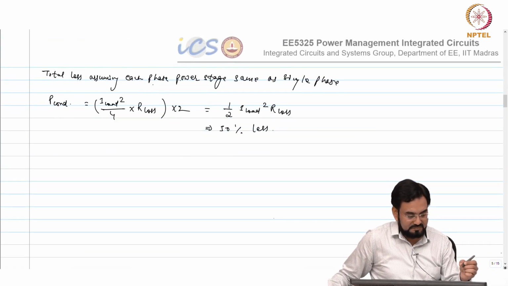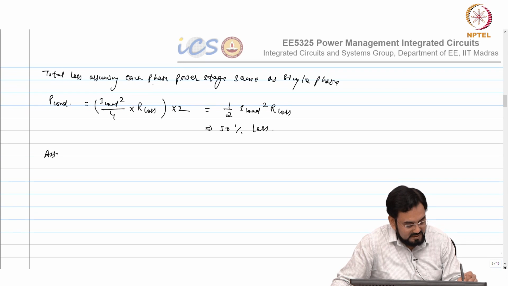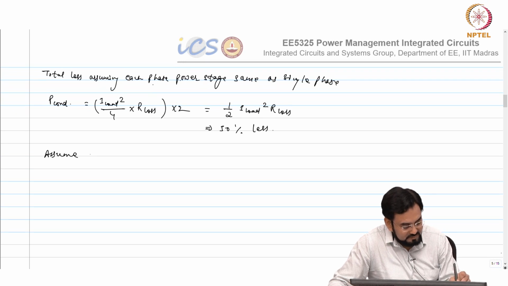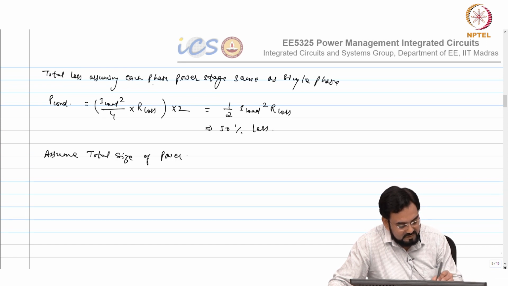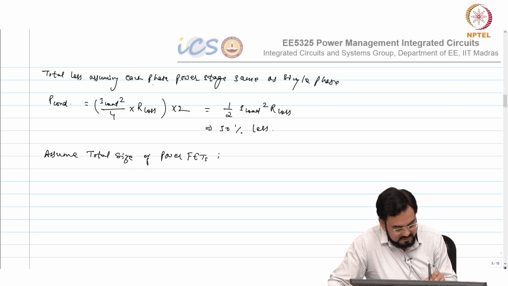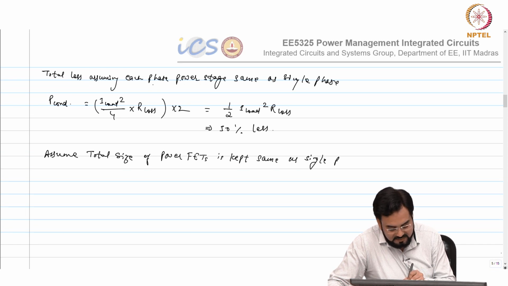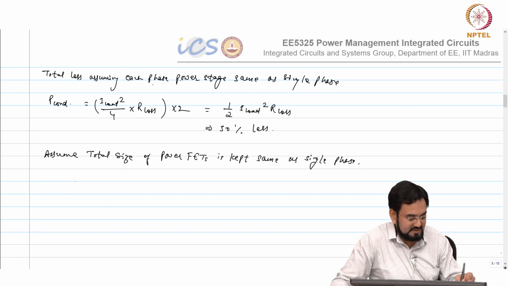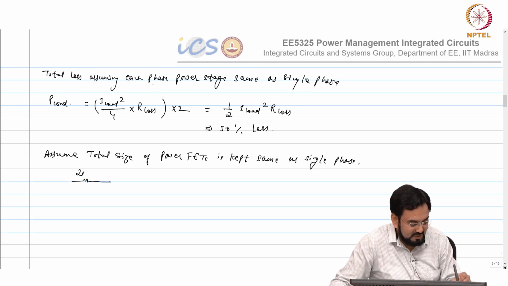Now assume the total size of power FETs is kept same as single phase, then this will become twice of R loss.